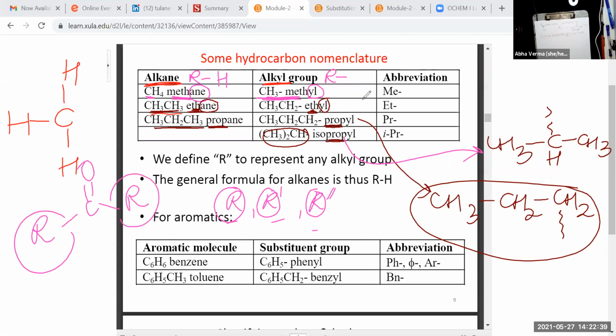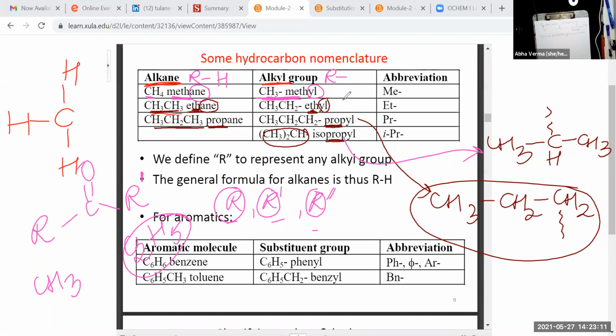Both these alkyl groups are exactly the same. If I have a methyl here, I will have a methyl here. If I have an ethyl here, then I will have an ethyl here also. But if I'm saying that one of them is R, the other is an R prime, I can say that this R is methyl. So this R prime can be anything but methyl. So it could be ethyl, propyl, or anything else.